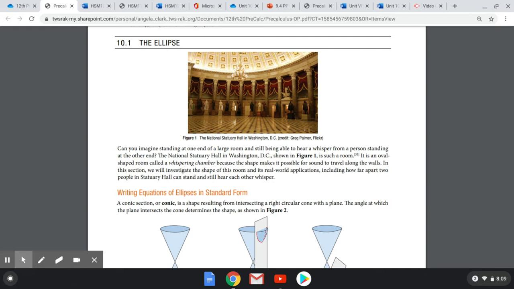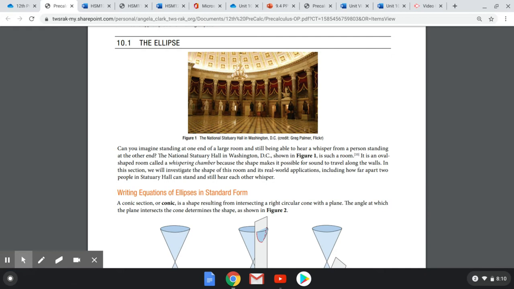So if I'm standing so that my voice is going through the focus, then I can speak really, really softly. I can whisper and you'll be able to hear me really easily because I'm standing at the focus. So that's what's called a whisper chamber.